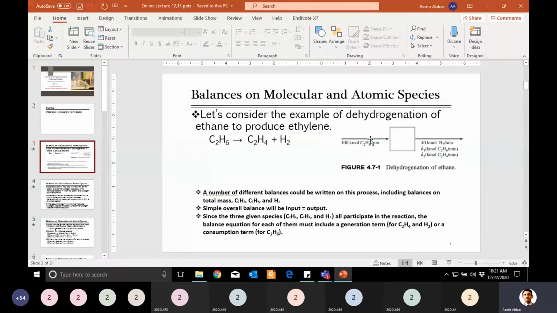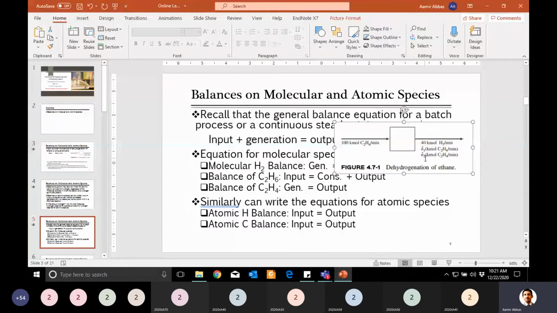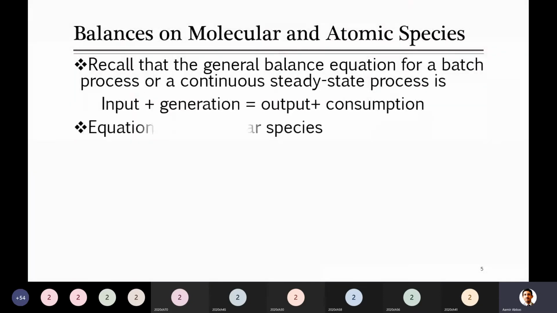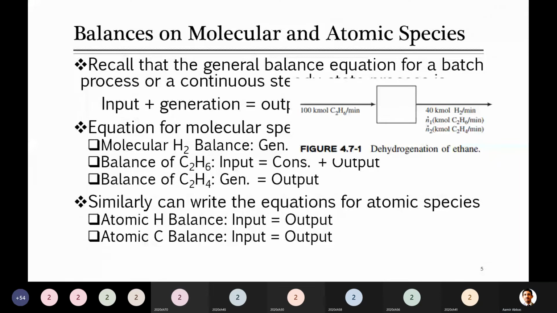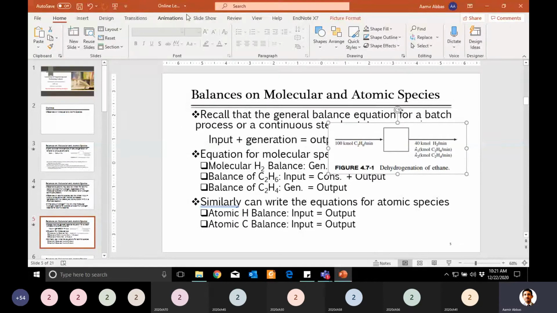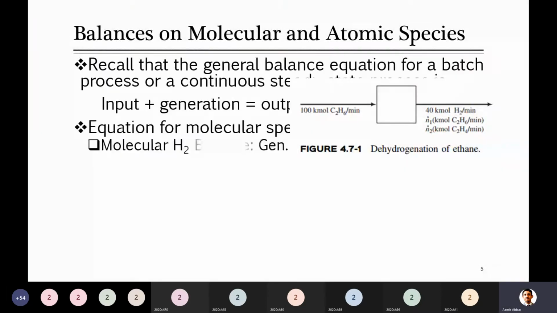If I ask you to write an equation for the balance of hydrogen, can you write it? Let me put it here on this slide. Hydrogen balance.